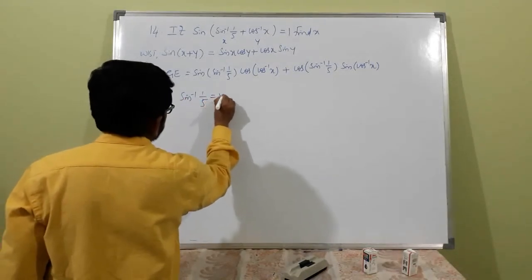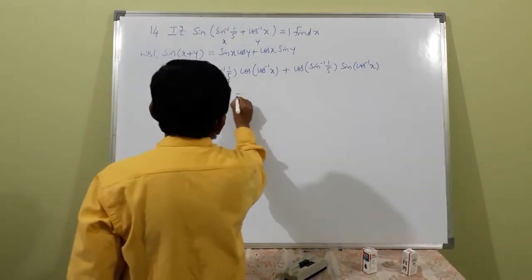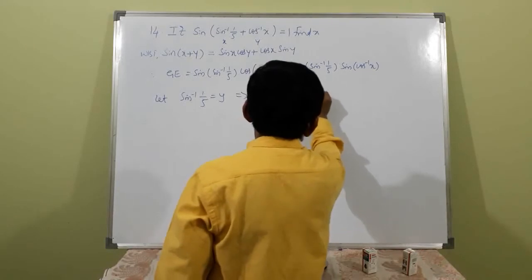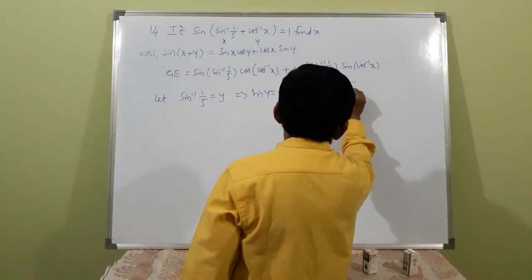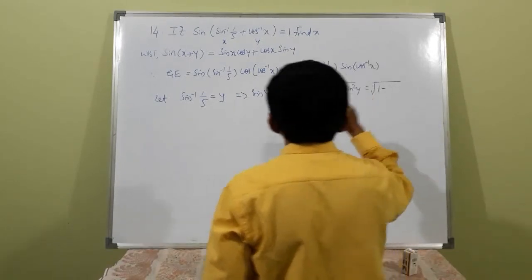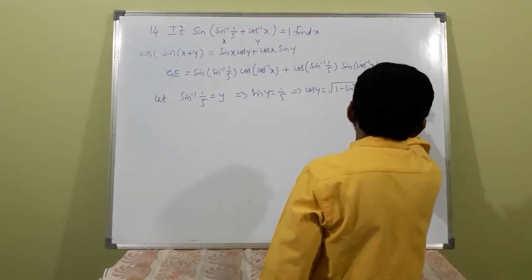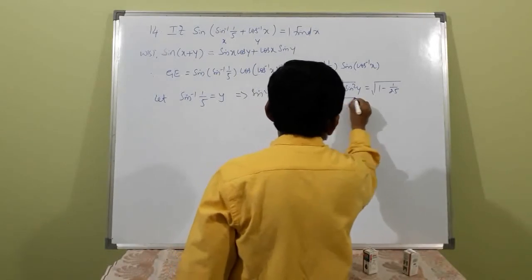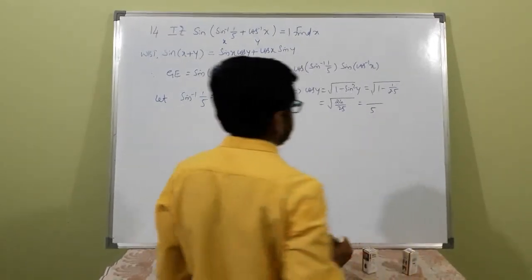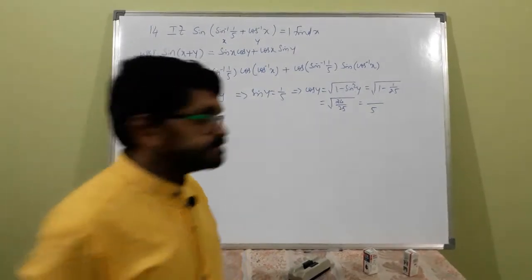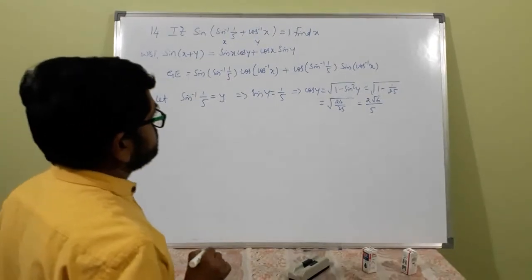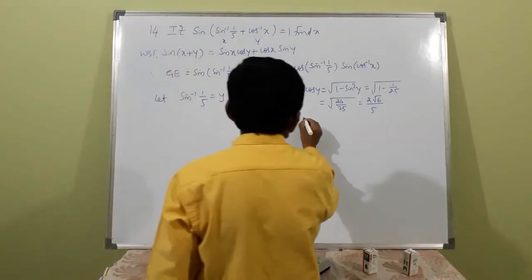Sin inverse of 1 by 5 is, suppose y, then sin y is equal to 1 by 5, or this implies cos y is equal to root of 1 minus sin squared y, that is equal to root of 1 minus 1 by 25, that is 24 by 25, or this is 5 root 5, 24 root can be written as 2 root 6, 2 root 6. Okay, so cos y is that much.